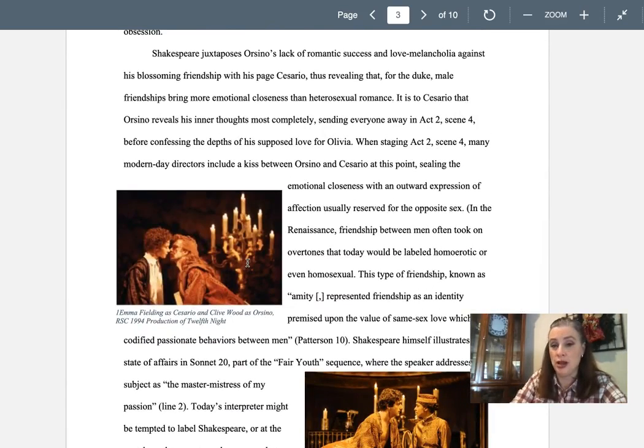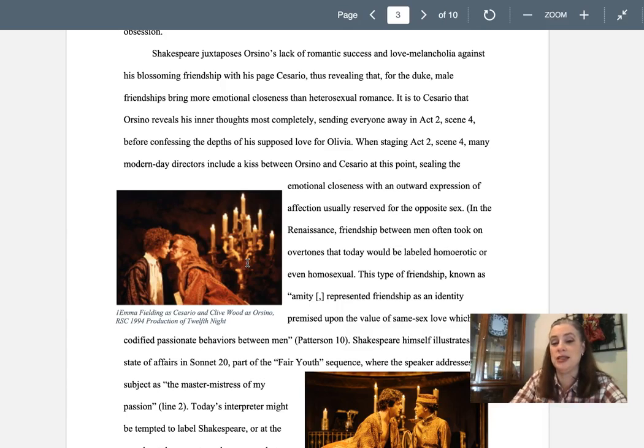Now, you do not have to do this. I was doing a play and I was talking about how Shakespeare is hinting at a possible romance between Orsino and Cesario/Viola. Cesario is her persona that she puts on when she's cross-dressing, and he's hinting at it earlier in the play. There's a very famous scene, Act 2, Scene 4, where you really see this.